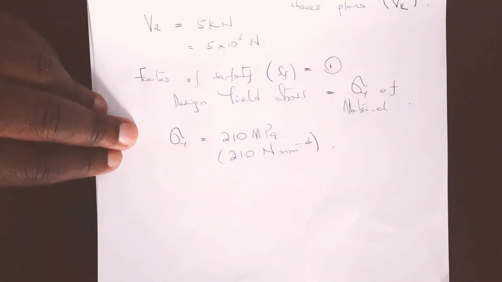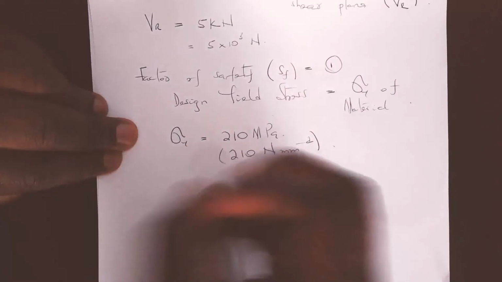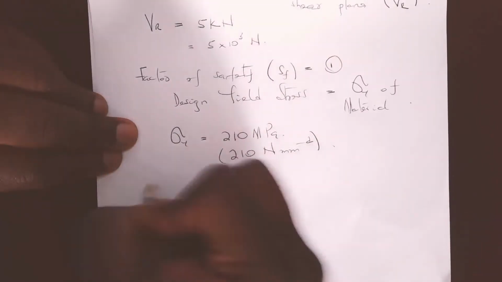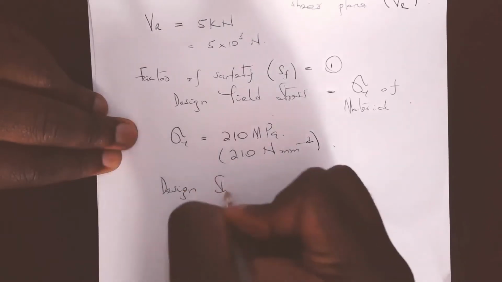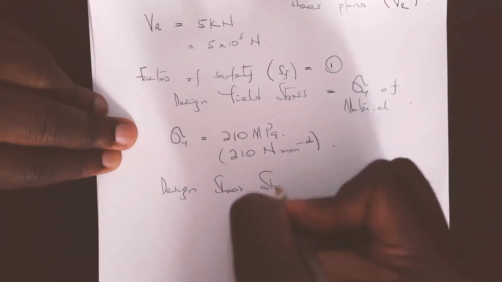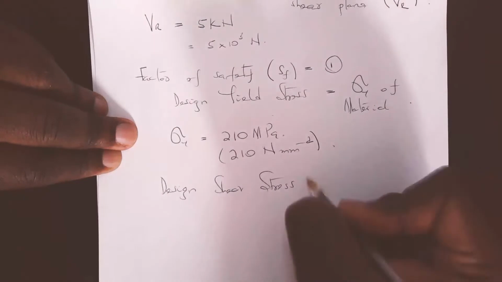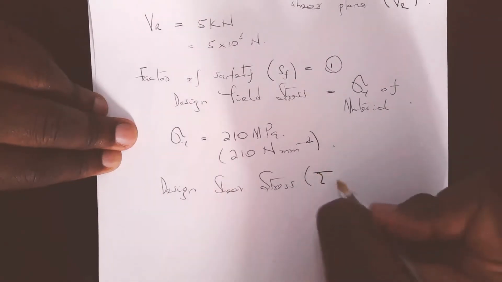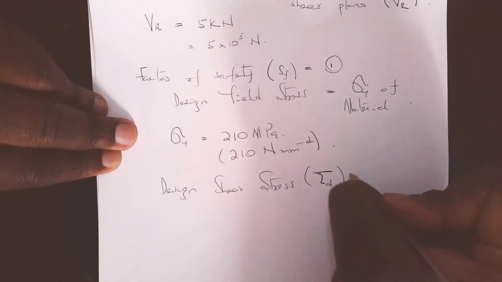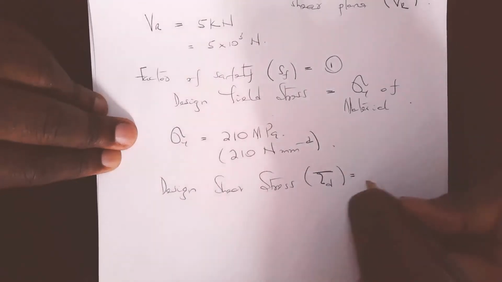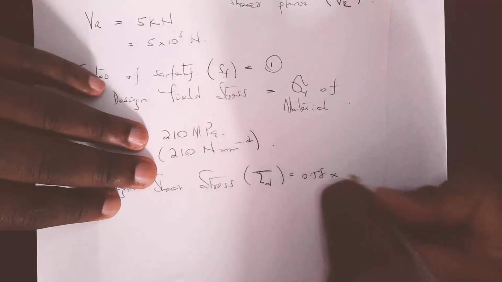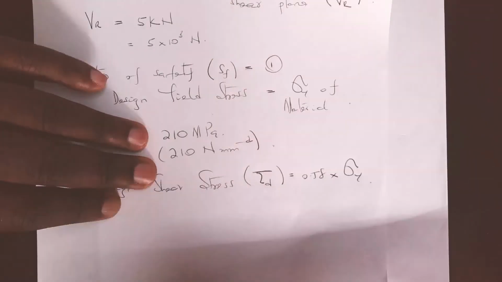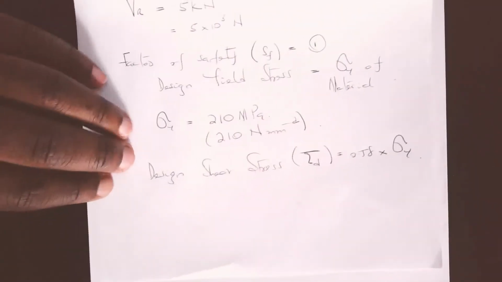These are the assumptions that we're making. So if this is the case, then the design shear stress, we're going to call that tau D, will be equal to 0.58 times the yield stress of the material.